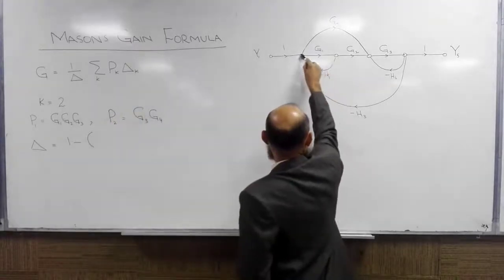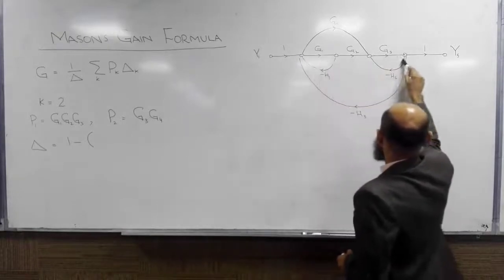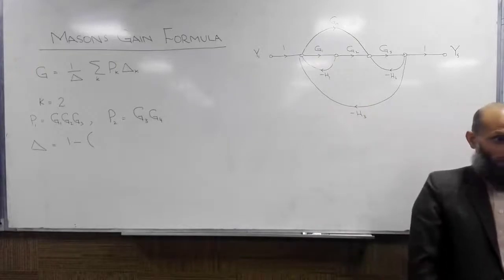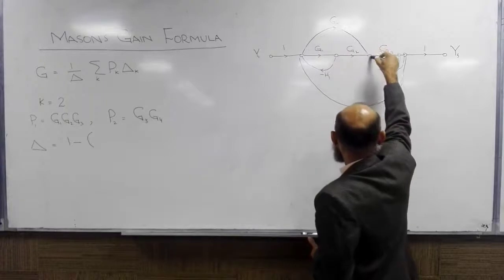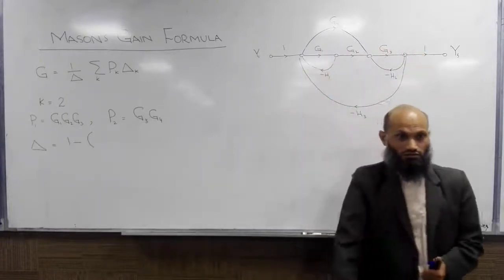This is one loop, second loop, third loop. Is there any other loop? What about this one? If I start from here, move here and come back to this point.